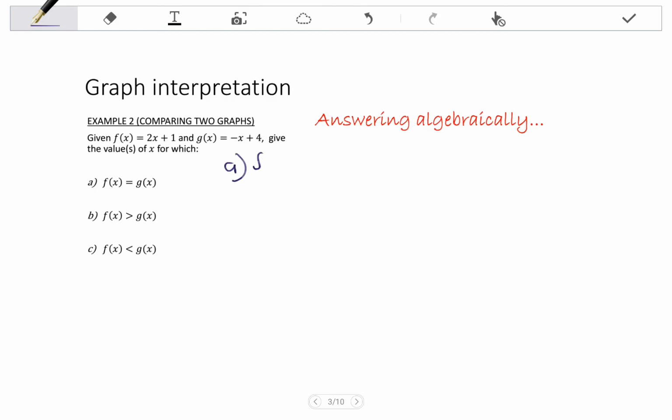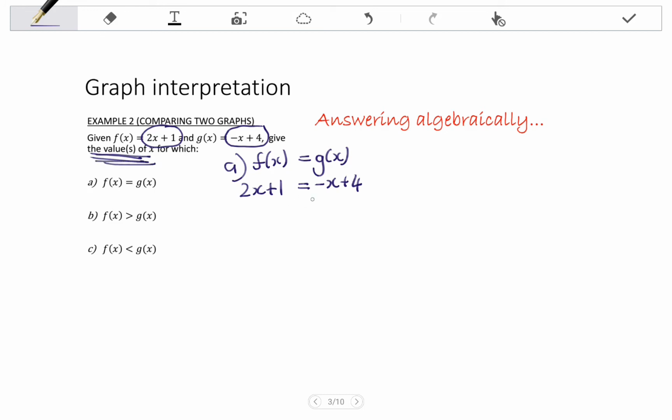Answering this algebraically, what I'm going to do is write out what we're looking for and then substitute. f of x is equal to 2x plus 1, so in place of f of x, I substitute 2x plus 1. g of x is equal to -x plus 4, so I substitute that in there and I solve for x, because remember, I want the values of x.